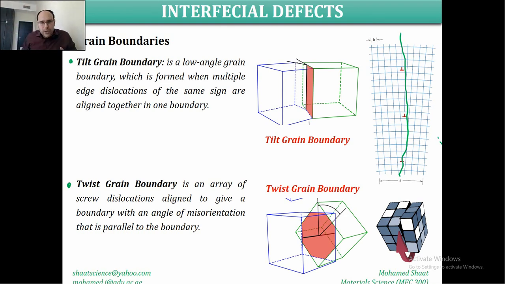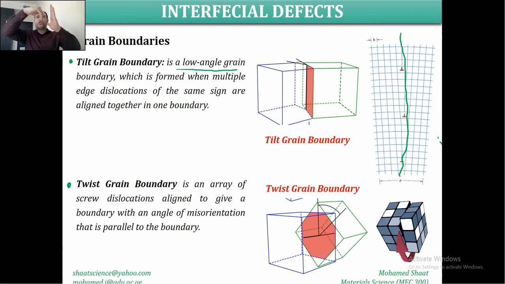So the tilt grain boundary is a low angle grain boundary. What does low angle mean? The misorientation between this side and this side in many cases is low, because originally they were completely parallel.